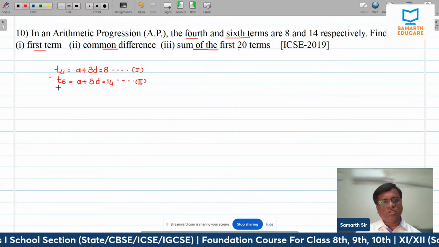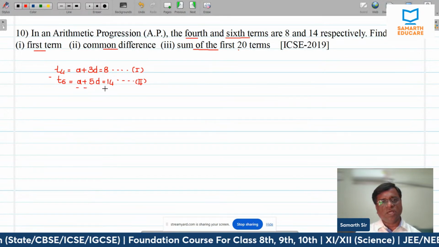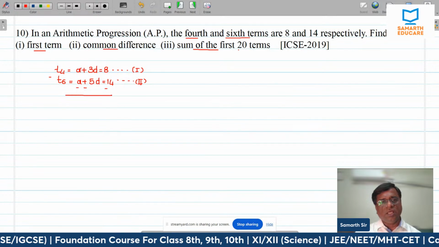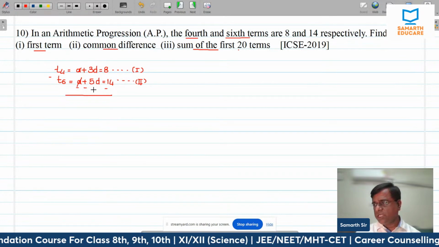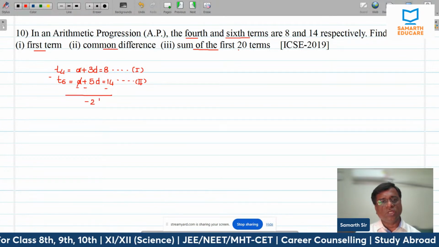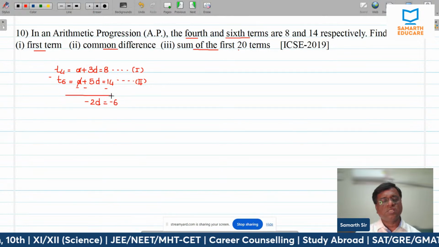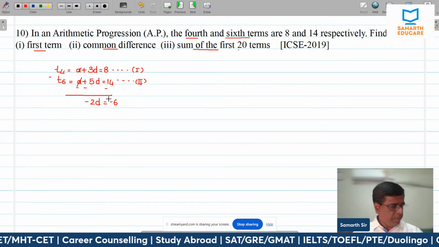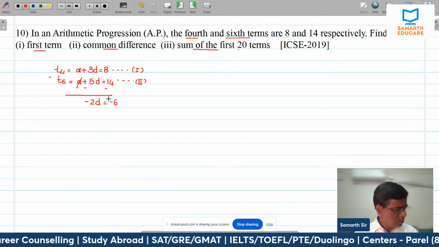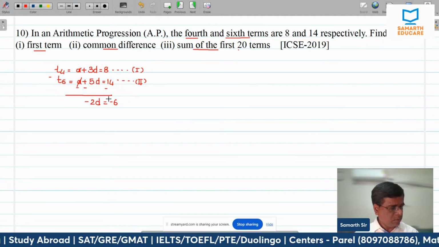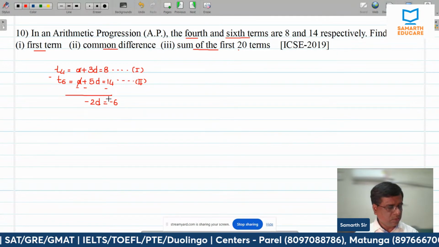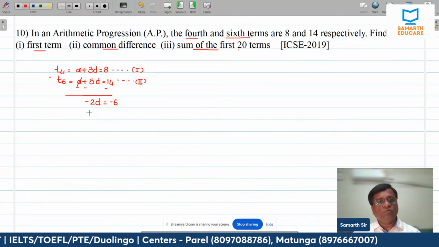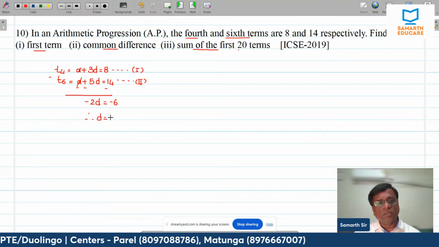If we subtract these two equations, A and A get cancelled. 3D minus 5D is minus 2D, which is equal to minus 6, since 8 minus 14 is minus 6. So the value of D is 3.